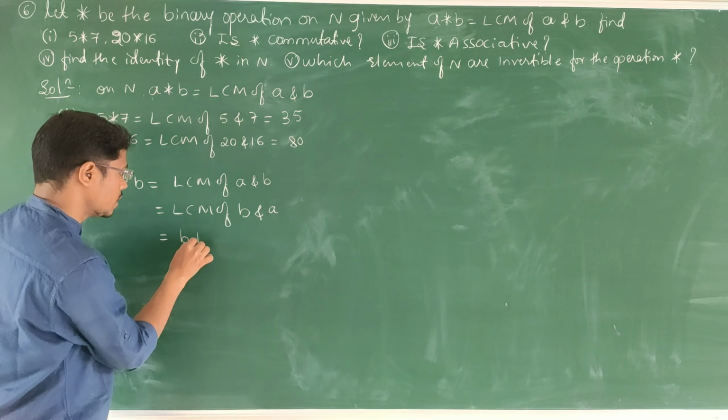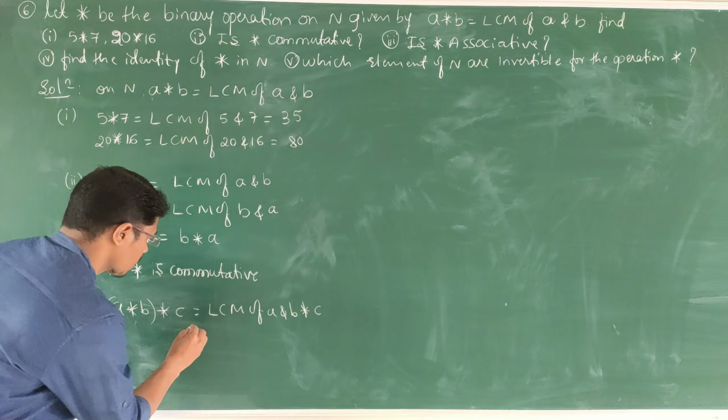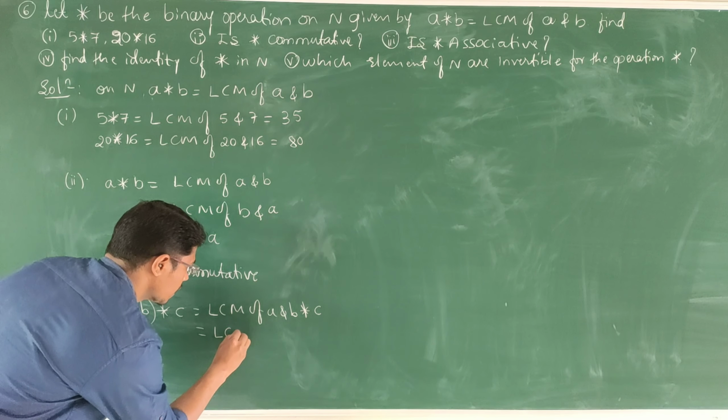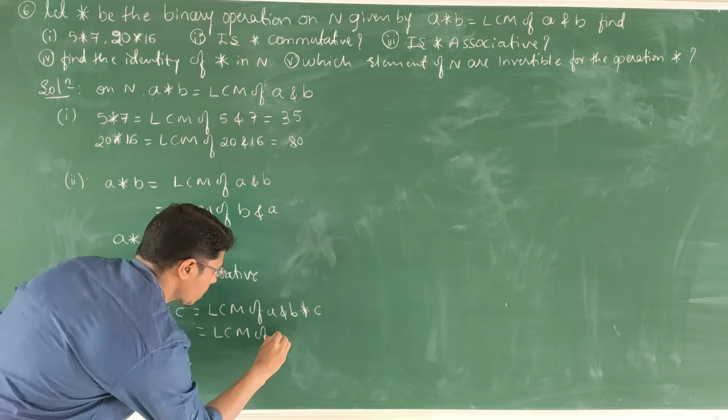Next, is star associative? Let us check associativity. (a star b) star c is equal to (a star b), that is LCM of a and b, star c. Now a and b are done, so it becomes the LCM of a, b and c.